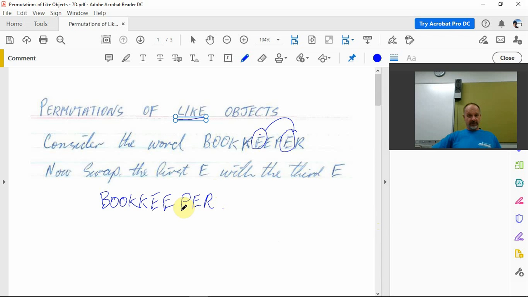Now, to me, those two bookkeepers look exactly the same, because like objects, the E's are the same, identical.